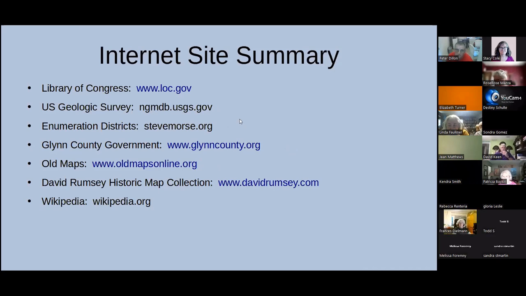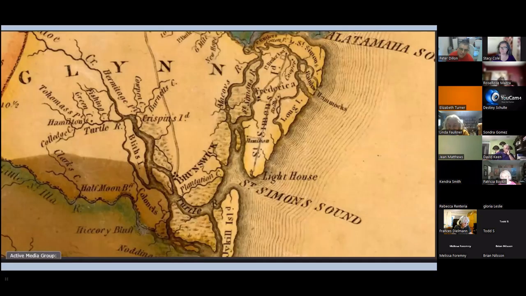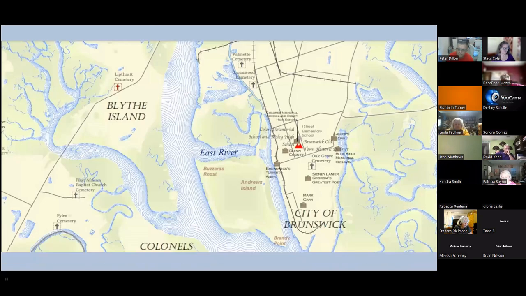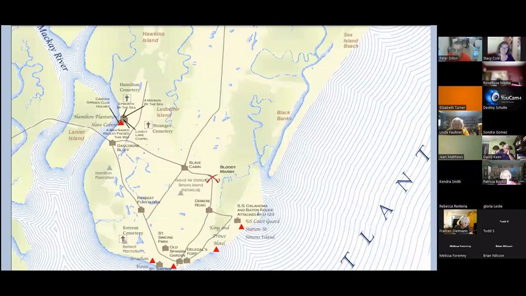Pete, there was one question from Roxanne asking which map had the historical markers, and do most or all states have those kinds of maps? I can go back to that map. So this was in our local county. Every state has historical markers.